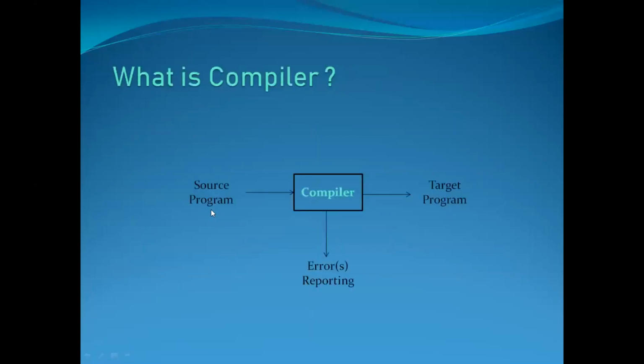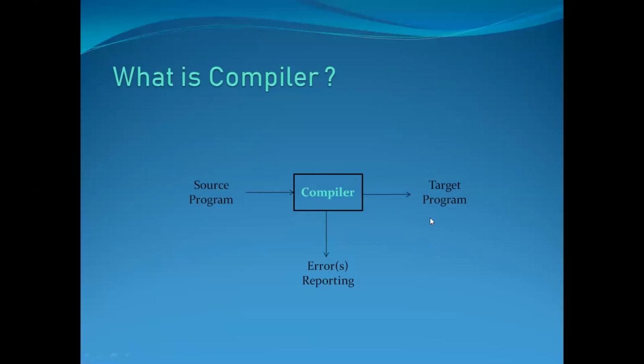Now move to the definition of a compiler. A compiler is a software which translates a high-level language program, called the source program, into a target program, which is usually a low-level language program. And during this translation process, it also reports the presence of errors in the source program.